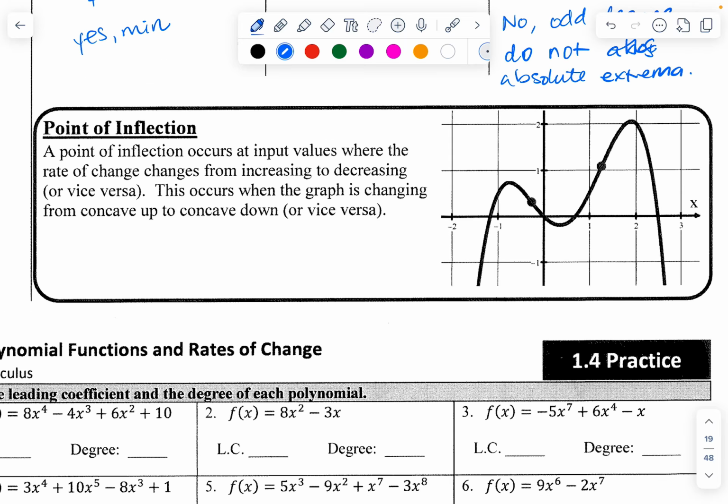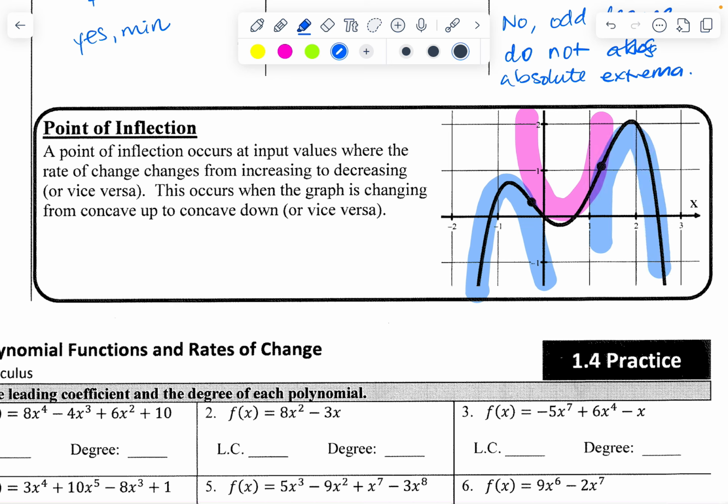Last part, let's talk about the point of inflection. We've already talked about this quite a bit in the first section. But let's say I've got something, this is concave down here, and I continued it so it's symmetrical, and this is concave up, and then this is concave down again. We see this here.